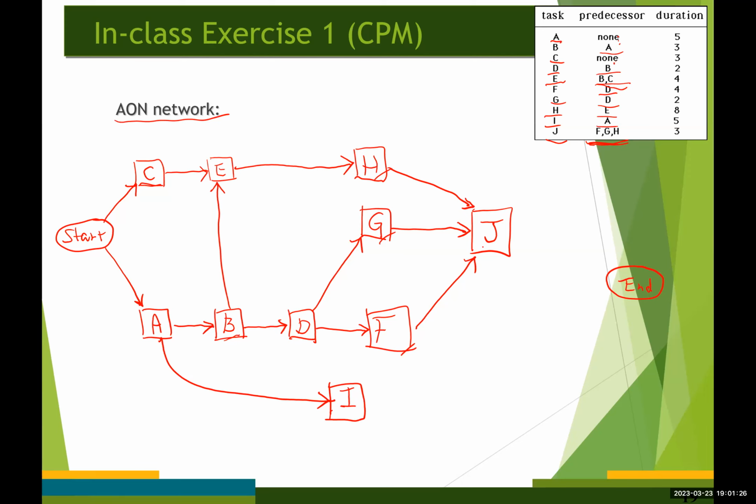But just make sure you have a connection to the end node. Make sure this end node, that is the event showing the completion of the entire project. So this is the AON network, which is very easy.